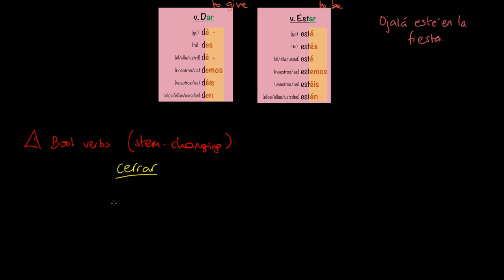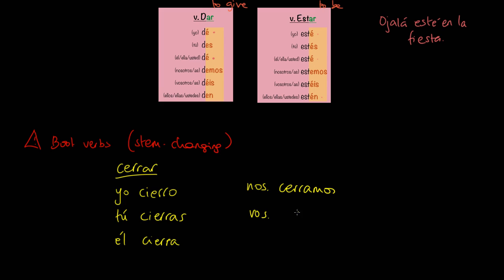In the present indicative, it did yo cierro, I close, tú cierras, you close, he or she cierra, he or she closes, nosotros cerramos, we close, vosotros cerráis, you guys close, and ellos cierran, they close.